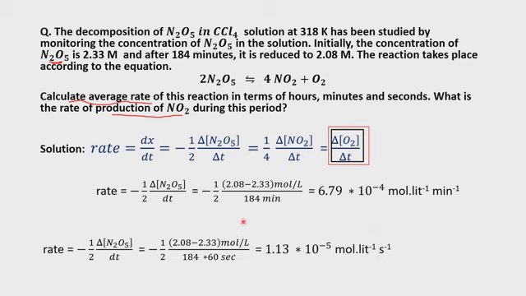First one in terms of the minutes, second case in terms of the seconds, next case in terms of the hours. That is homework for you, try to solve in terms of the hours.